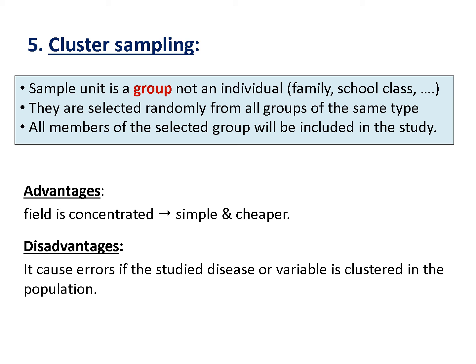So the advantage is that fieldwork is concentrated and it is simple and cheap, because we just choose the whole cluster, the whole group of individuals. But its disadvantage is that it causes errors or bias if the studied disease or variable is clustered in the population, like it's clustered in a group which we didn't choose, or it's clustered in the group we choose. In this case, it gives bias of a higher prevalence of the condition or the problem, or lower prevalence, according to the cluster we choose.